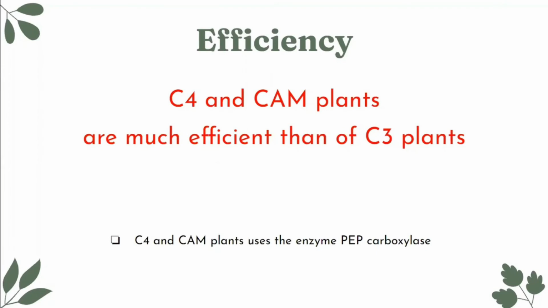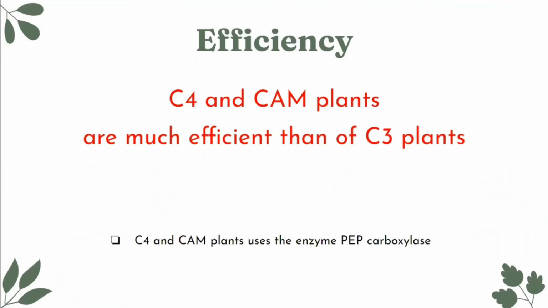When it comes to efficiency, C4 and CAM plants are much more efficient than C3 plants, whose efficiency of the Calvin cycle is reduced due to photorespiration. This is because C4 and CAM plants use the enzyme PEP carboxylase, which has a higher affinity for carbon dioxide and does not bind to oxygen.